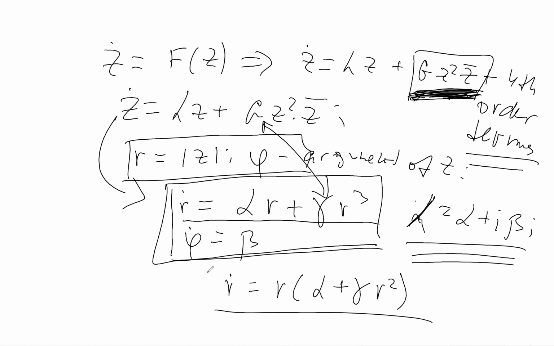What is interesting here is you can see it in terms of r. I will go to the next page. I skipped lots of things, it is a long derivation. r times alpha minus gamma r squared.